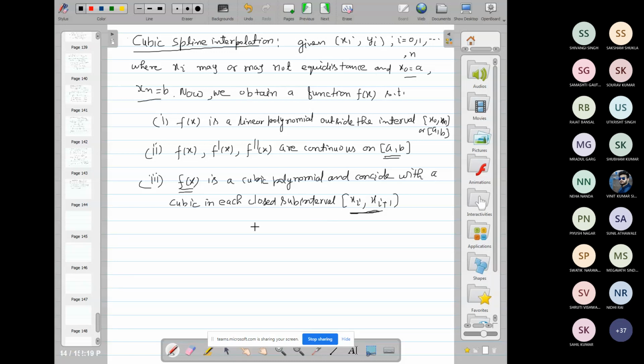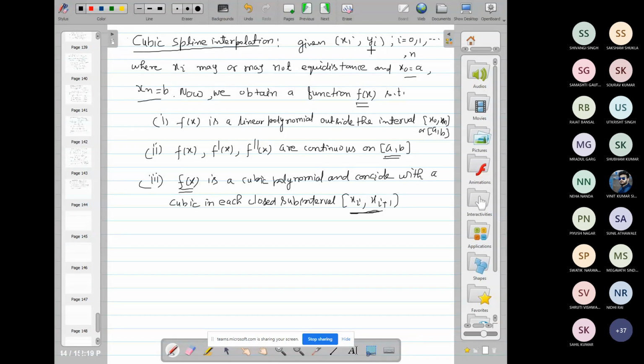So these are the three conditions which the function f(x) satisfies, and if for the entire given data there is only one polynomial, then we use the cubic spline interpolation formula.